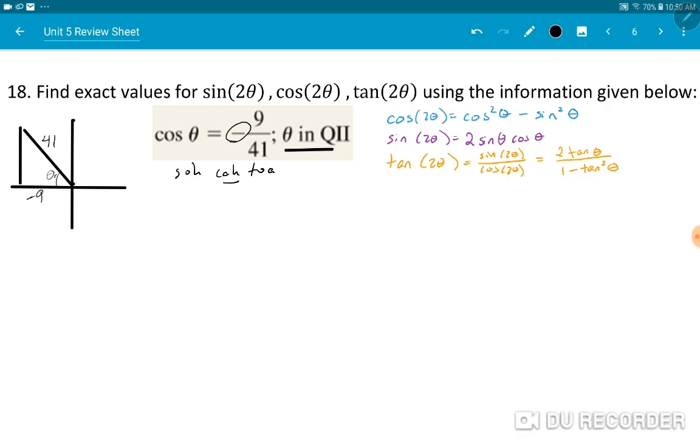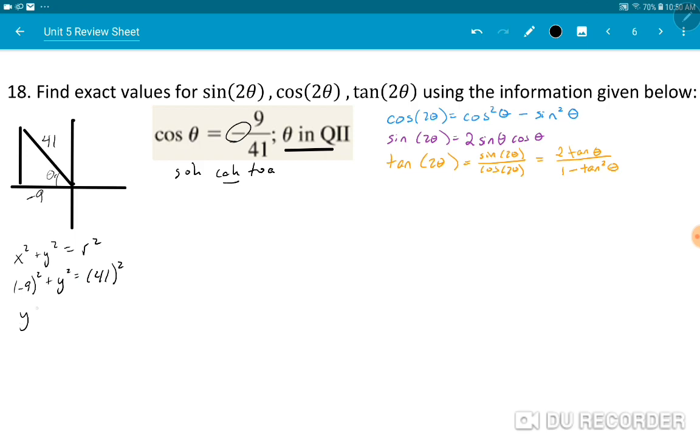The next step is to use that triangle to find the third side so I can find sine. We have x squared plus y squared equals r squared. We have x as negative 9 and r is 41, and we need to solve for y.